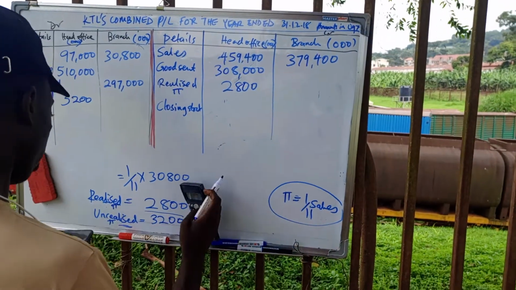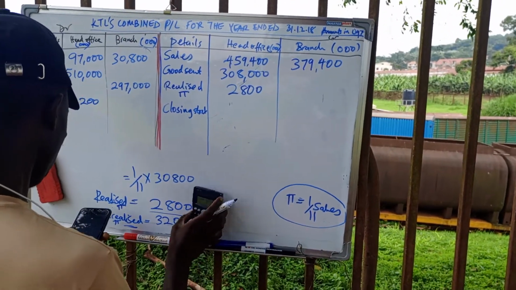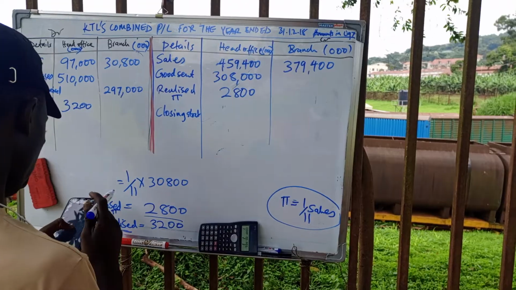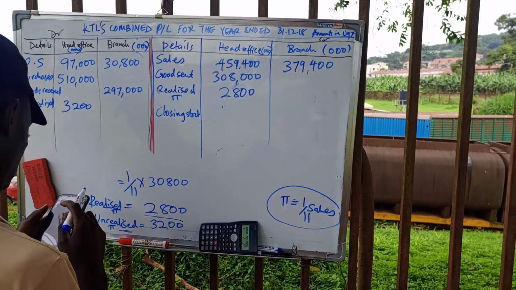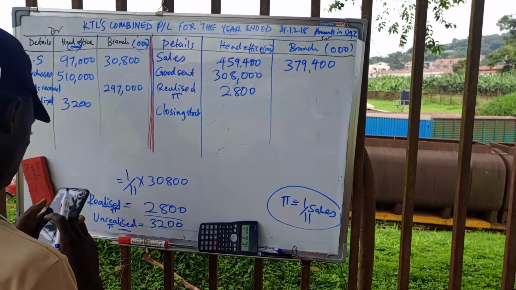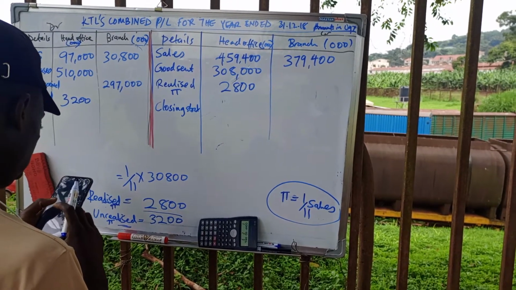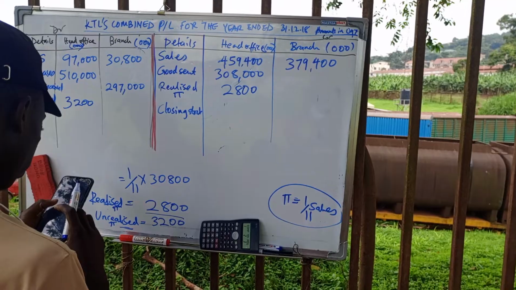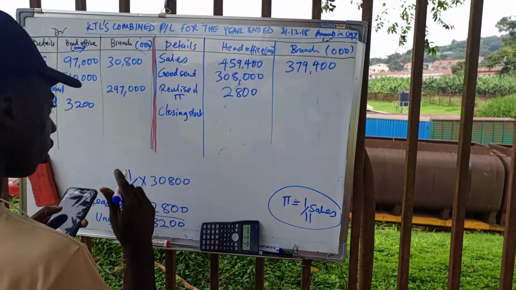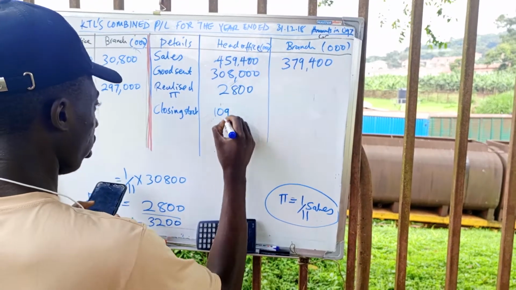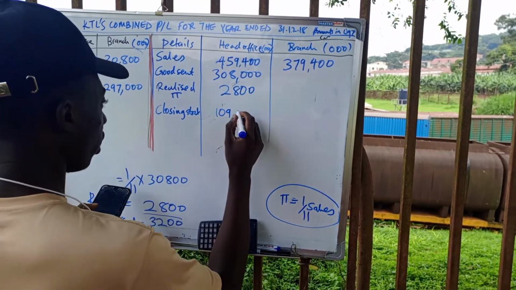Of course, closing stock at the branch, at the head office. Let me check here. Closing stock at the head office is 109,500.